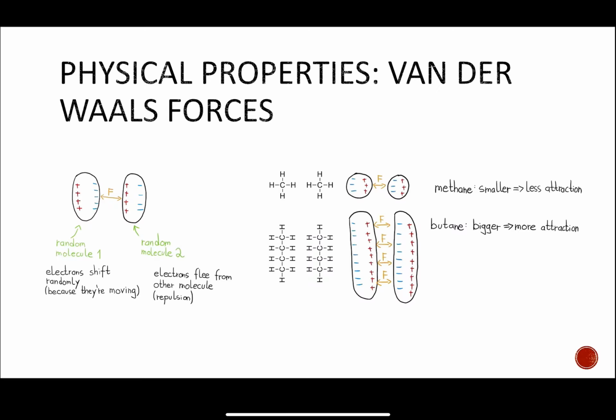So we have to overcome the attraction forces, and this is easier within methane than butane, because methane molecules do not attract one another that strongly. And that means that we need a lower temperature to boil methane. So the boiling point of methane is lower compared to the boiling point of butane.